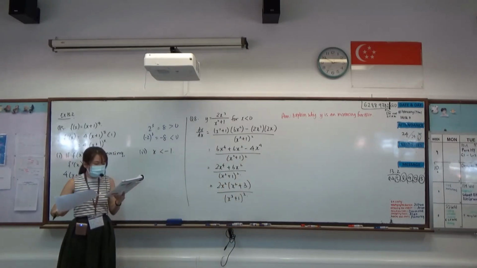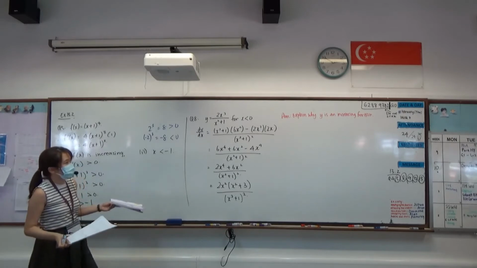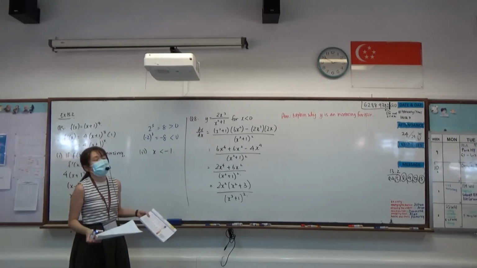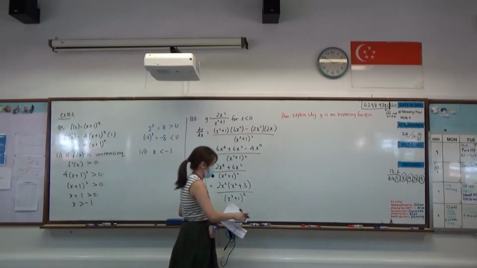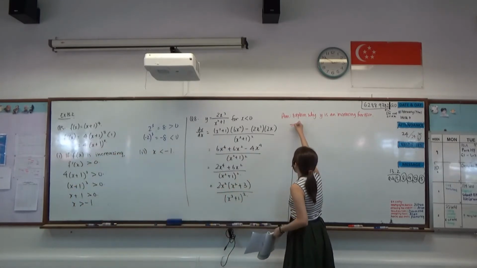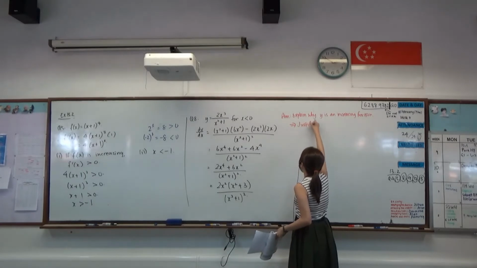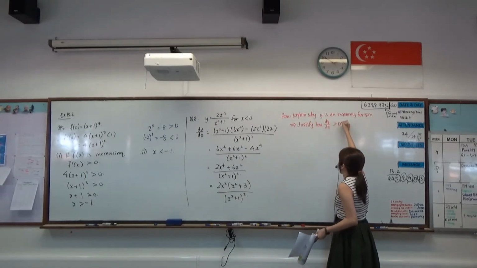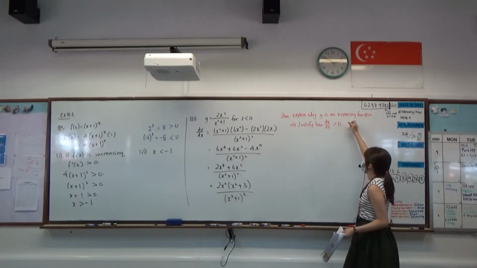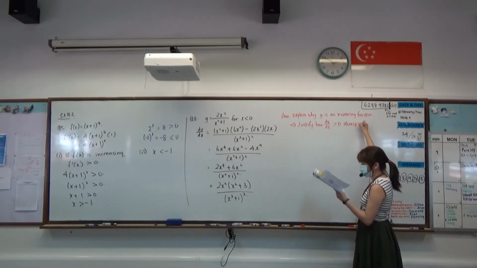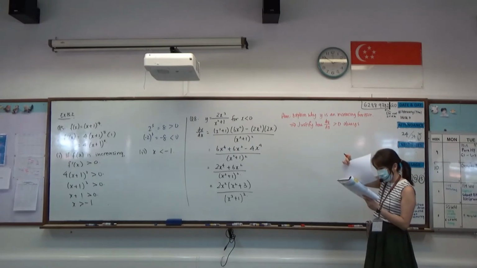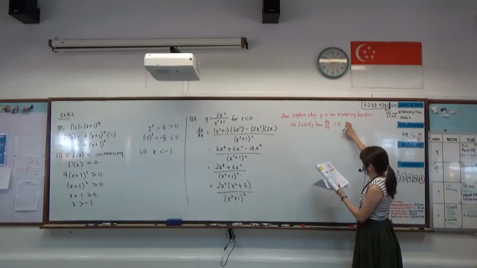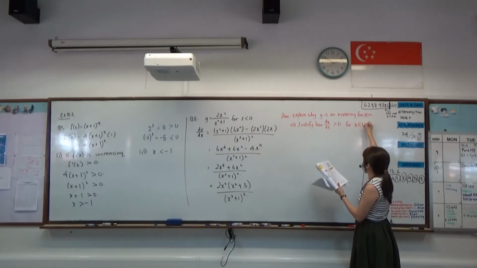So to explain why y is an increasing function, we need to justify how it is that our dy over dx is more than 0. Essentially, we want to justify how dy over dx is more than 0 always, or in this case, for x less than 0, because the question says for x less than 0.